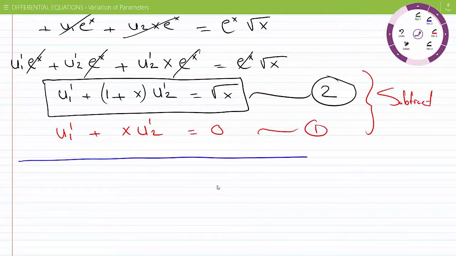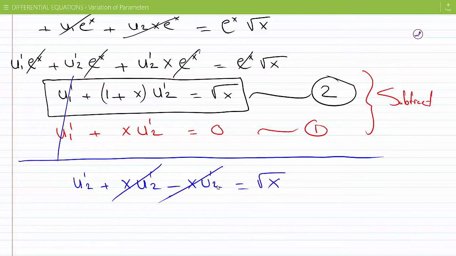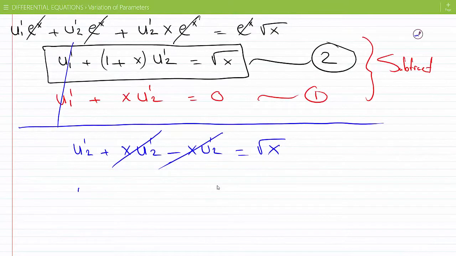If I subtract, these two go away, and I get u prime 2 plus x u prime 2 minus x u prime 2. Bingo. So those two go away, equals root x. Turns out u prime 2 is just root x, which is very simple.